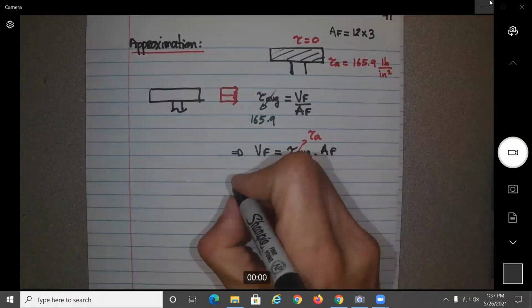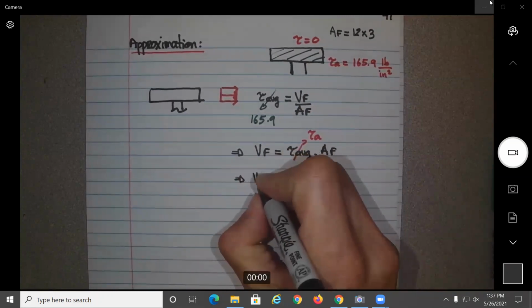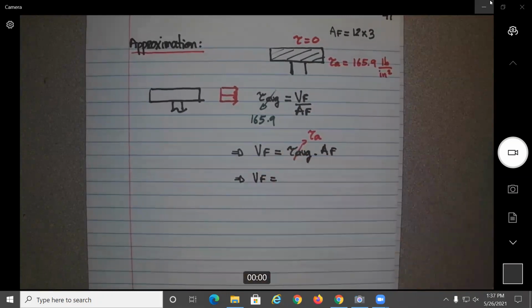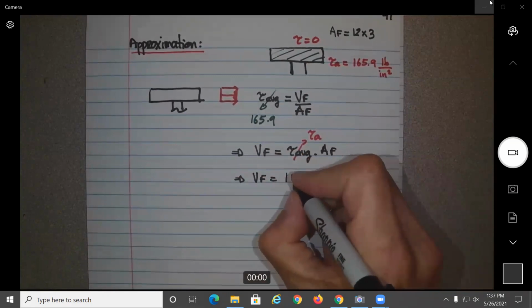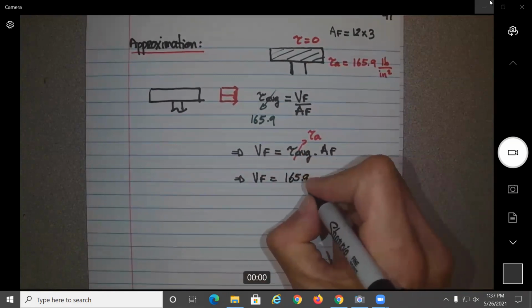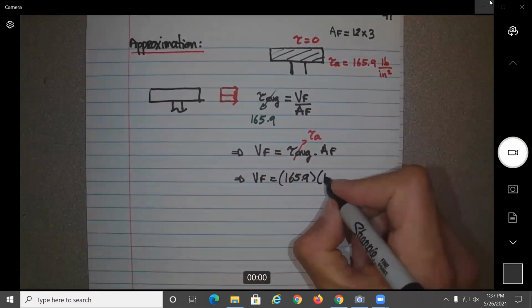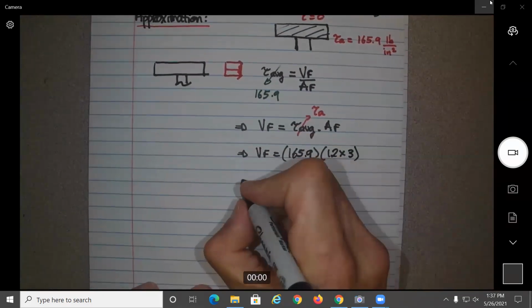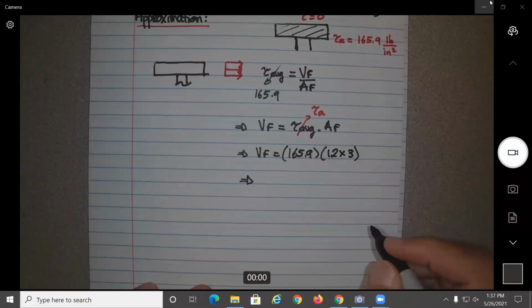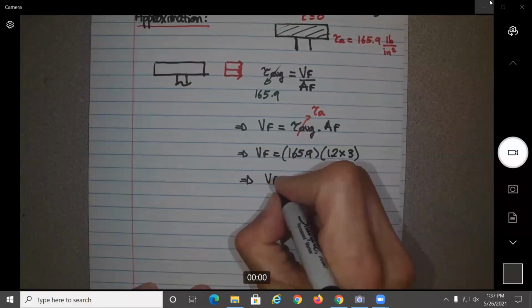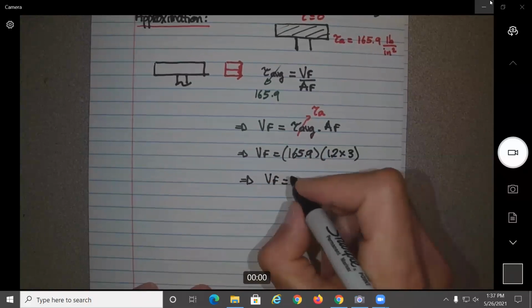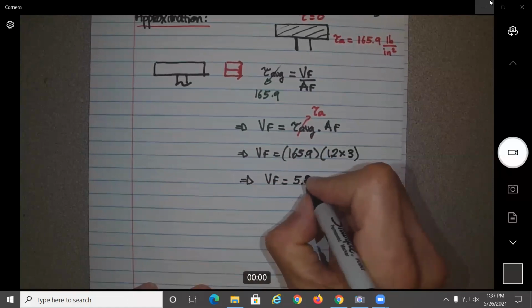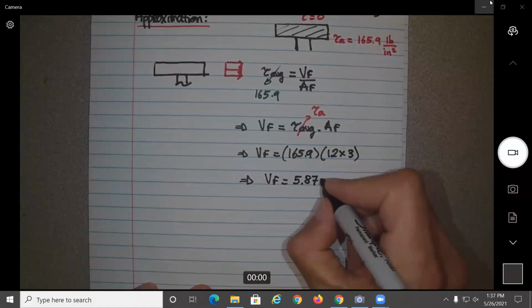So from here, we could find that the average force on the flange would be equal to 165.9 times 12 times 3. And this will give us that the average force on that flange is 5.87 kip.